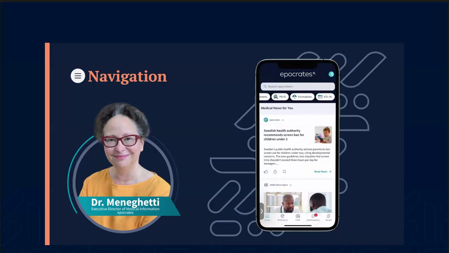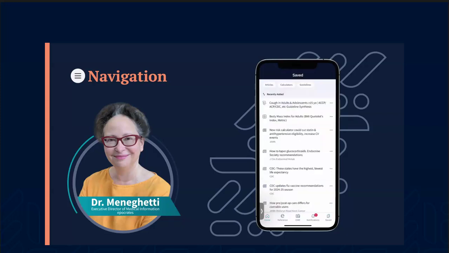The notifications icon is where you'll find timely updates. And to the far right is the saved icon. When viewing any clinical content within the app, you can bookmark content to easily find it again.